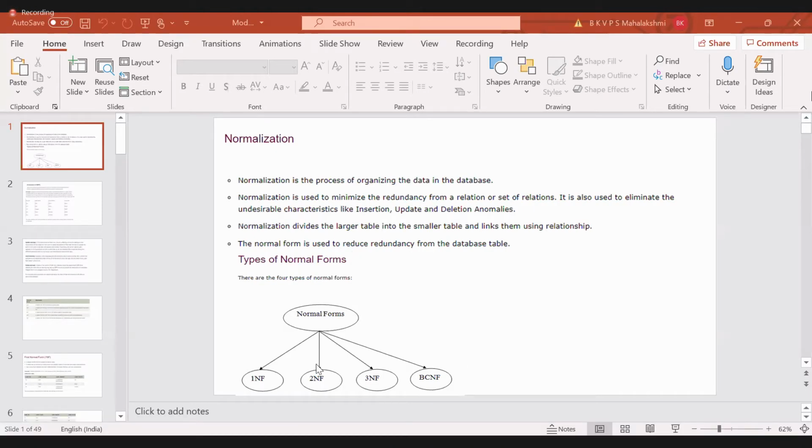I have already told you, right? Normal forms has 1NF, 2NF, 3NF. In this diagram, the normal forms are shown up to BCNF, but it again includes the fourth normal form, fifth, and so on.